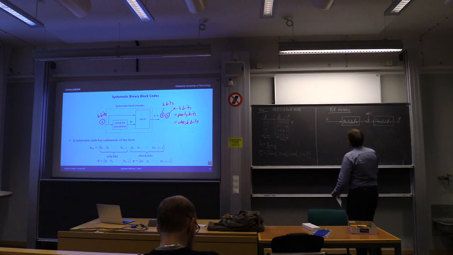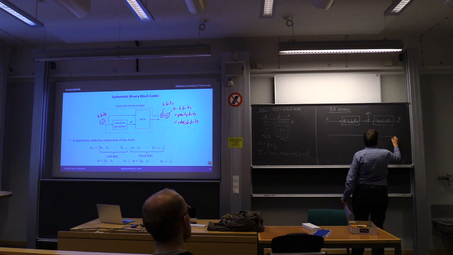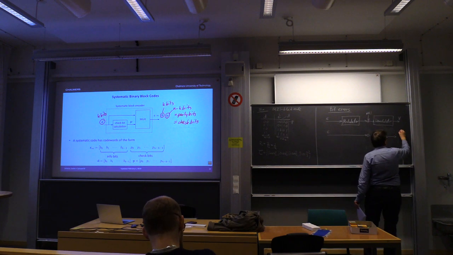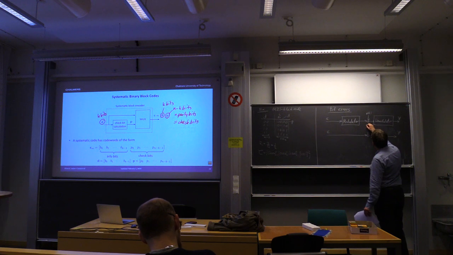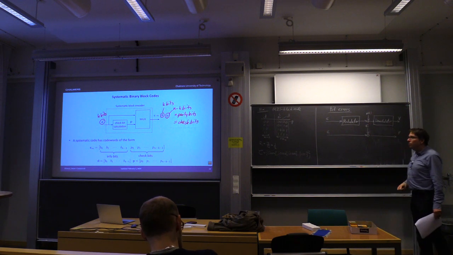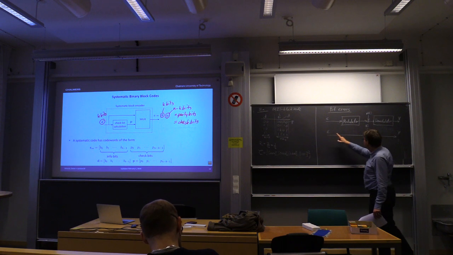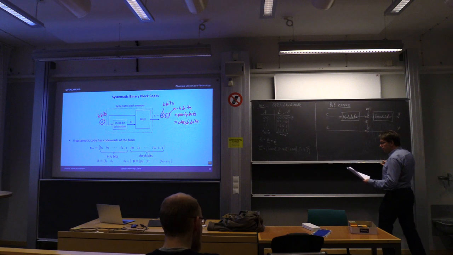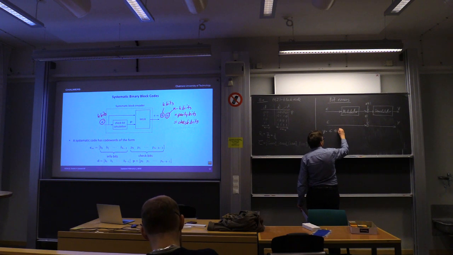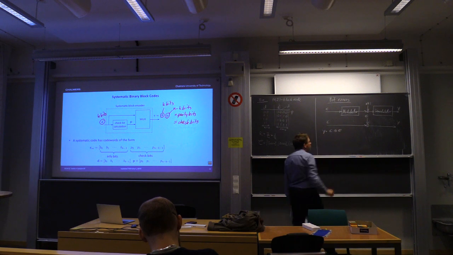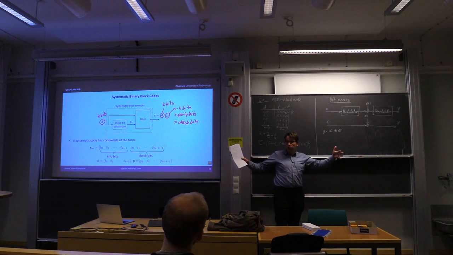But if there are errors due to the noise here, C and Y will differ. And a simple way to model the input-output relationship between C and Y when it goes over one of these channels that introduce bit errors is to have something that looks like this, where we take an error pattern, let's call it E, and we add that to the transmitted bits modulo 2 to get the output Y. So Y, the output, is C plus the input plus the error pattern E. First of all, when it's boldface, it means vectors, so n-bit vectors.